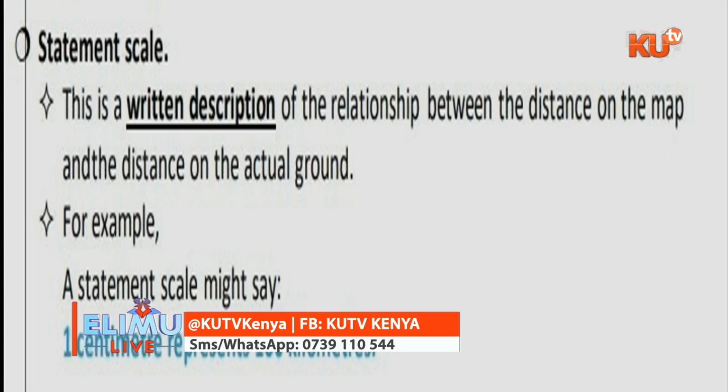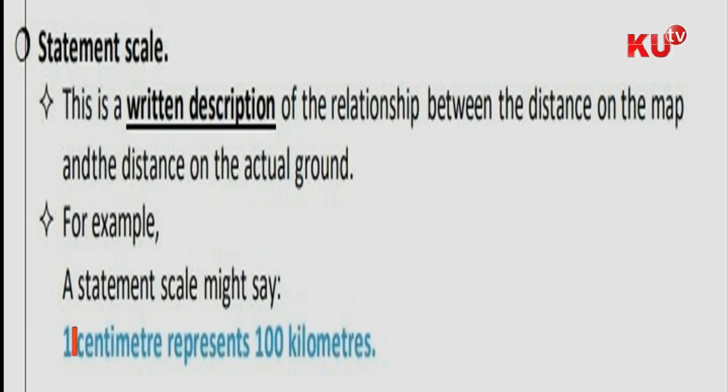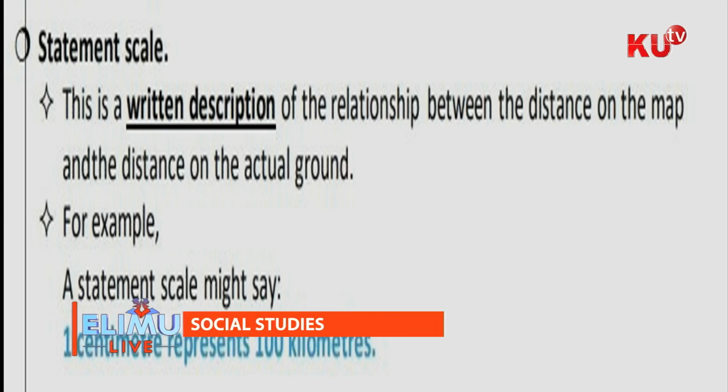Whereas ratio scale is expressed in relationship between the distance on the map and the distance on the actual ground. It is also referred to as a fraction or ratio scale. We call it ratio scale because we use ratio form.